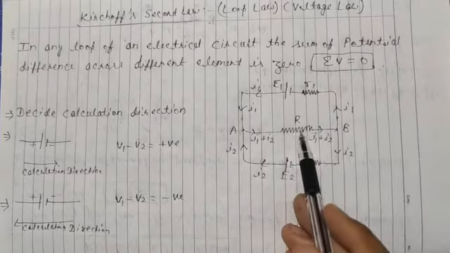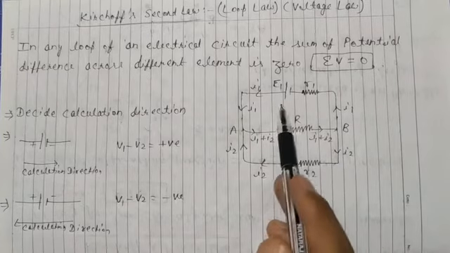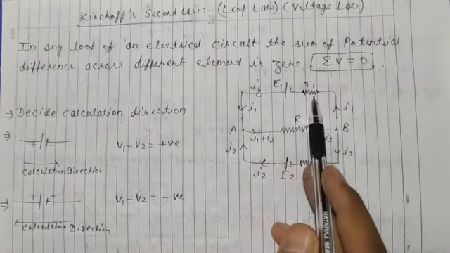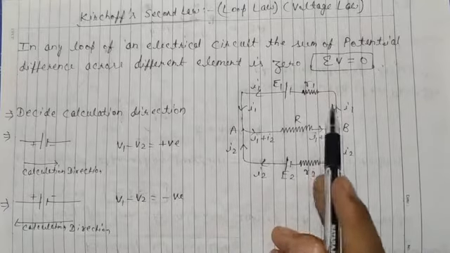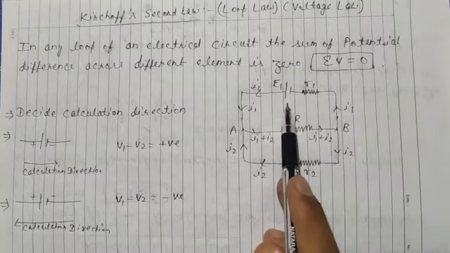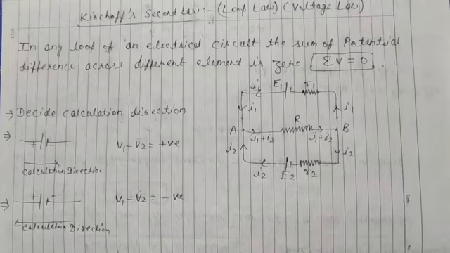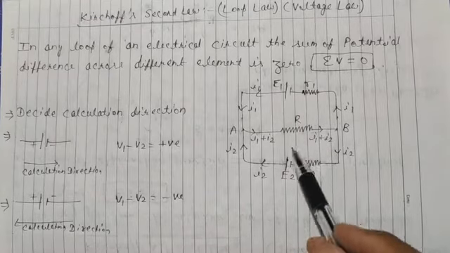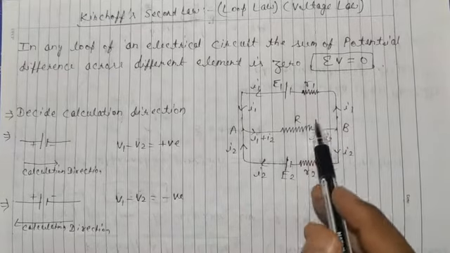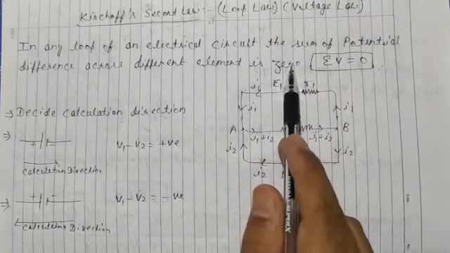This is the first element, this is the second element, and this is the third element. We have only 3 elements in this loop. If we calculate the potential difference across all these 3, then their sum should be 0 according to the law.